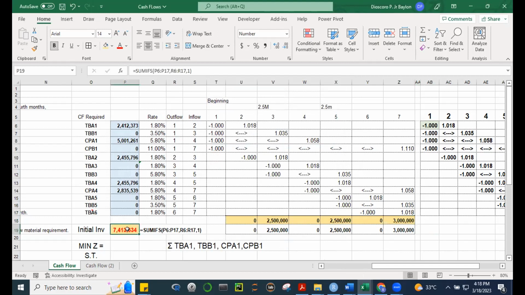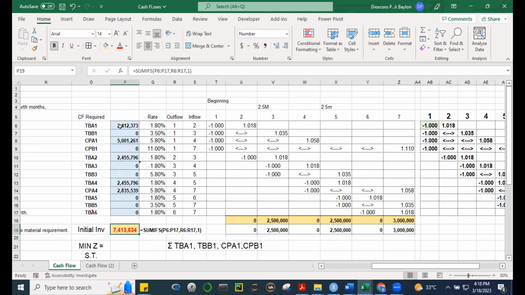Okay, so note that, class. We have a project worth 8 million. And because of this cash planning, and because we were able to identify potential investments, we just needed 7.4 million to roll over. Okay, this is the initial investment.